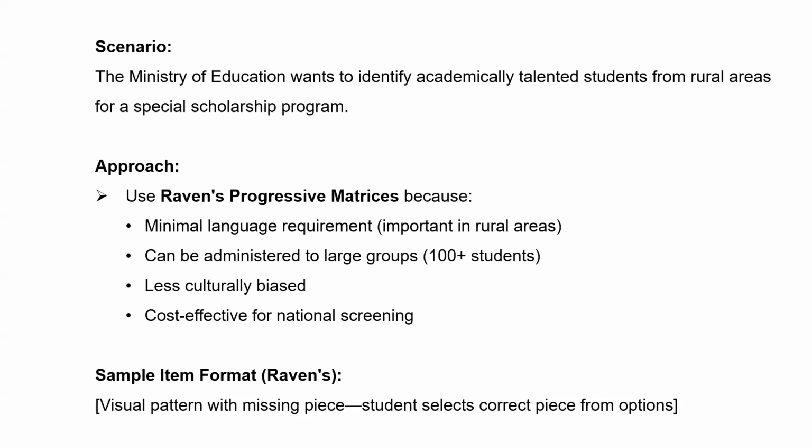The item format is a visual pattern with a missing piece, which comes even in adult selection examinations, and even in the scholarship IQ paper.